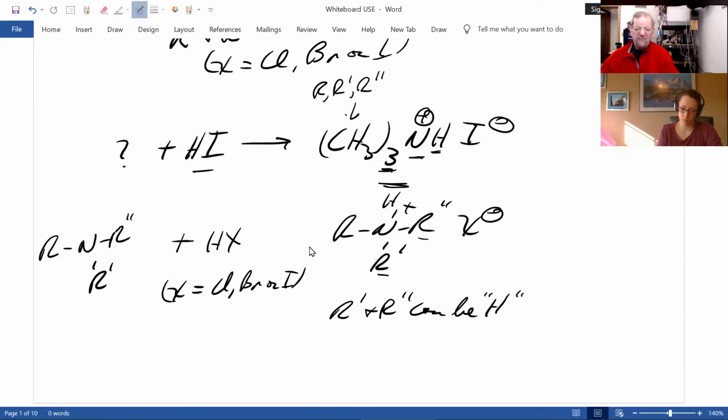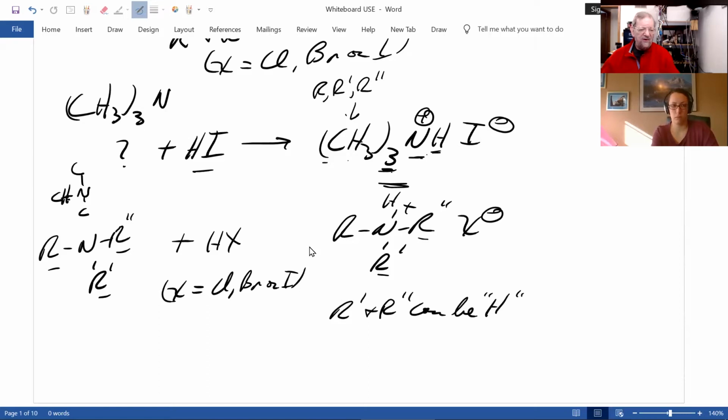Remember, this bracket tells me there are 3 methyls on the nitrogen. And therefore, what do we start with? Our R, R prime and R double prime are methyl. I can draw it this way, or if you want, you could also draw it this way. Since Dr. White knows and loves amines, either way would be correct.